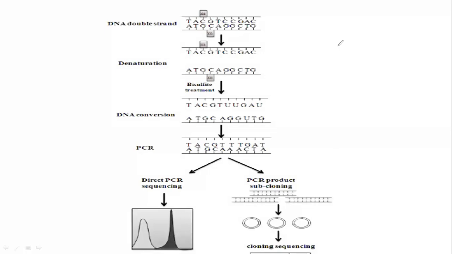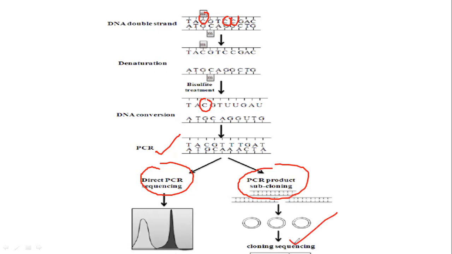Now you can also see the same here. Unmethylated cytosine is converted into uracil, and methylated cytosine remains cytosine after bisulfite treatment. Then we do PCR amplification, direct sequencing, or PCR product subcloning and sequencing, and then we get that differentiation, how many cytosines are methylated and how many are unmethylated.